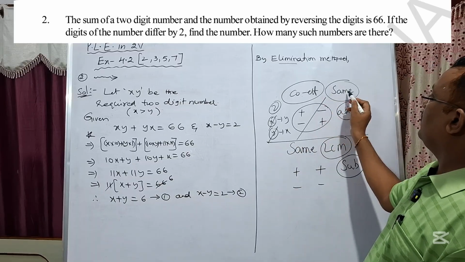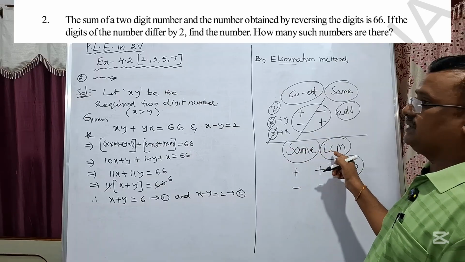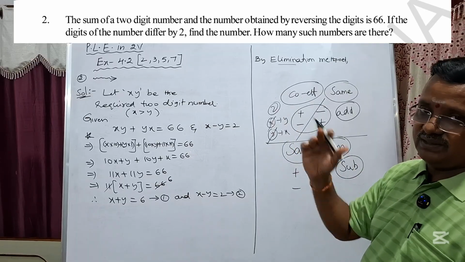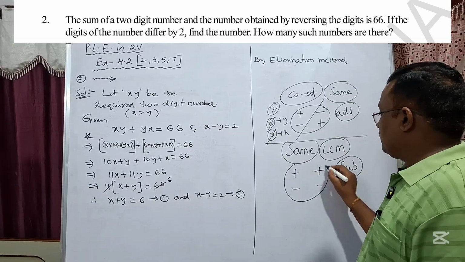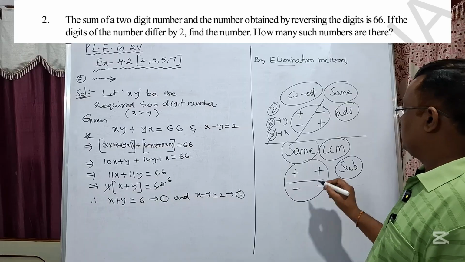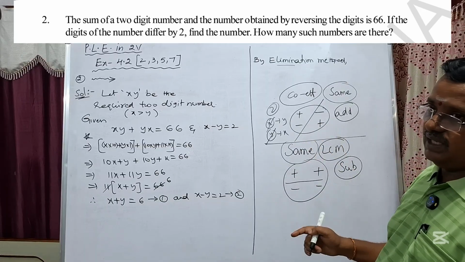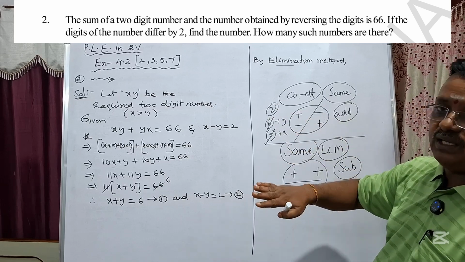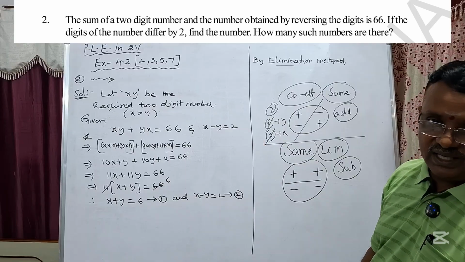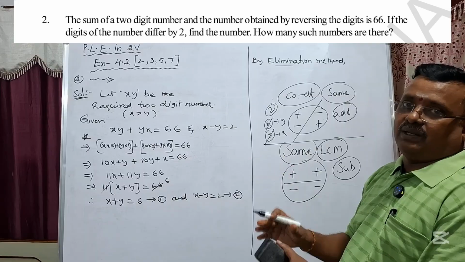Otherwise, if the coefficients are not same, make them same using the LCM process, like in fractions, addition and subtraction. After that, if both terms have the same sign, subtract the equations. Then one becomes the opposite sign of the other, they get cancelled, and we get the other variable value.